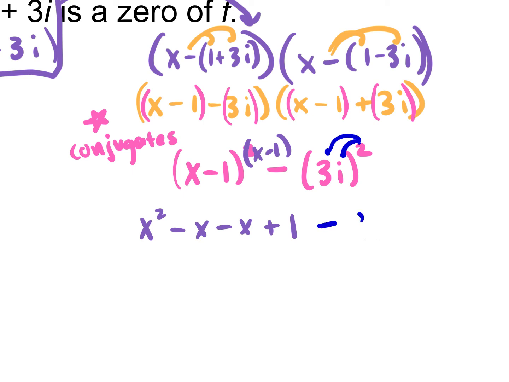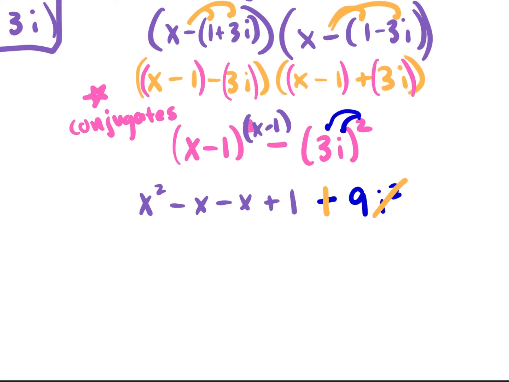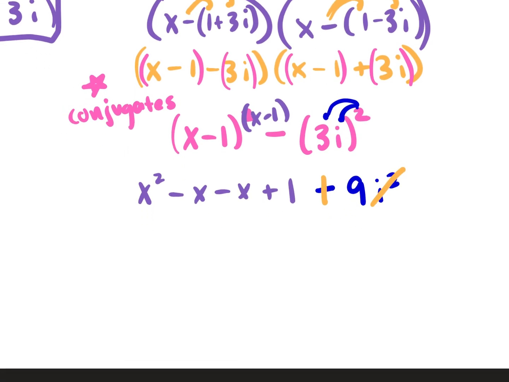So it would be minus 9i squared. And what does the i squared turn into? A negative 1 to make that a plus 9. Now what can I do next? Combine like terms. So I have x squared minus 2x plus 10.